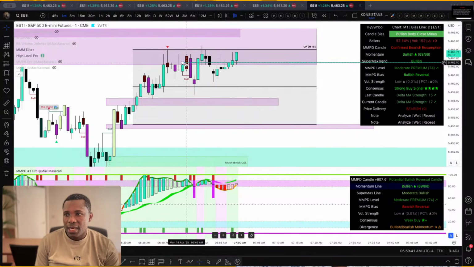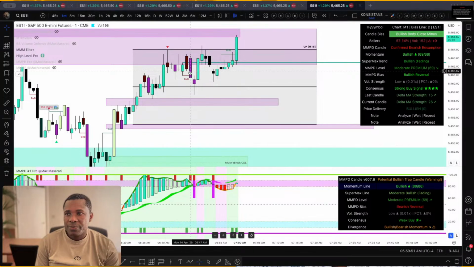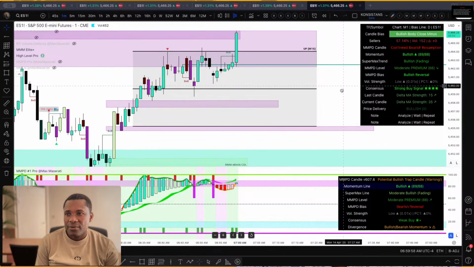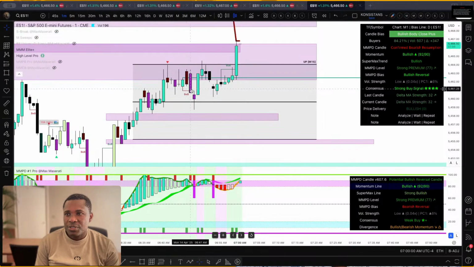That's why I was saying that price really just pushed up, but price couldn't push up, and we have a very big break, which means price was supposed to respect this area here. See exactly what I was saying. Price was supposed to respect this area here, and price closed with a bullish body close, disrespecting the price gap.